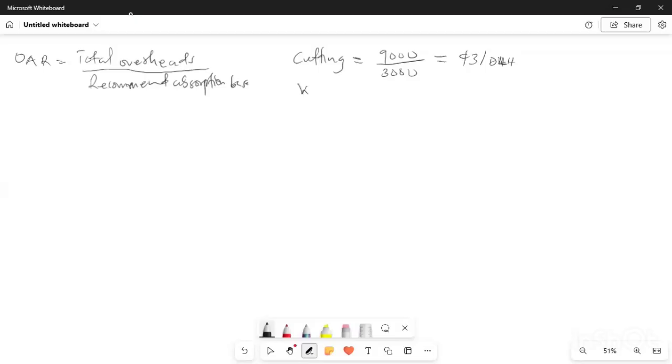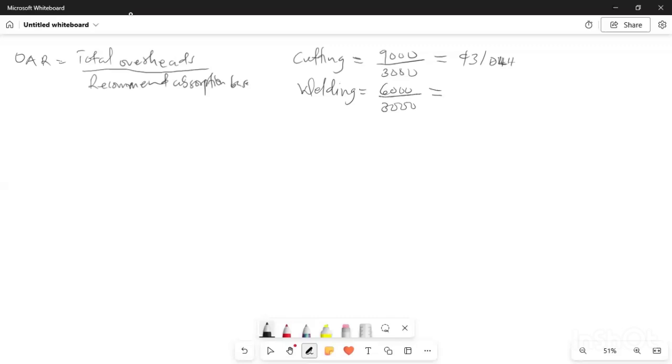Then we come to the welding department. The total overhead is 6,000. The question says the absorption base for the welding department is machine hours, so we divide by the machine hours, which is 3,000.